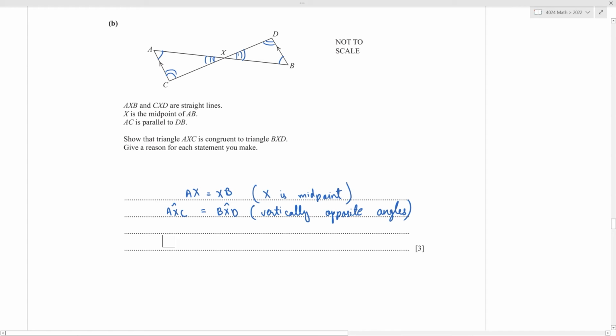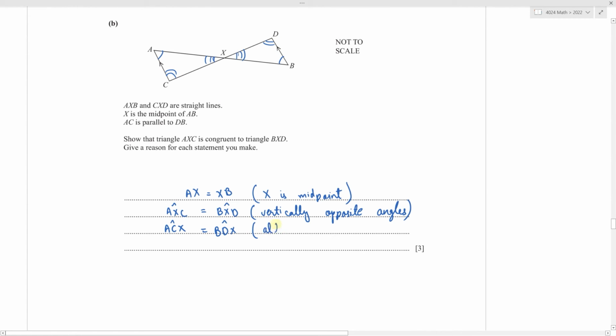In fact, let me write this ACX because I'm just writing the sides and angles of this triangle on the left side, so I'll just keep it consistent. So angle ACX is equal to angle BDX. Why? Because these two lines are parallel and these two are alternate angles.